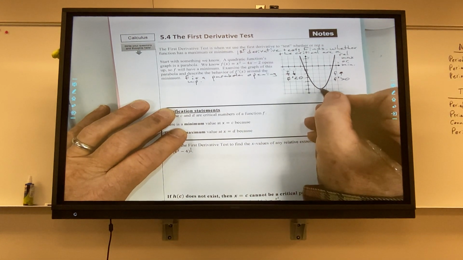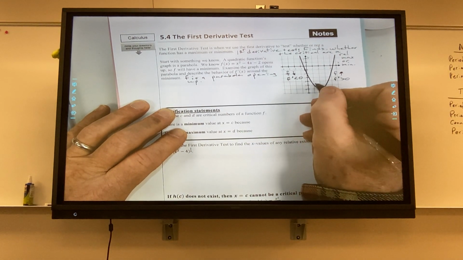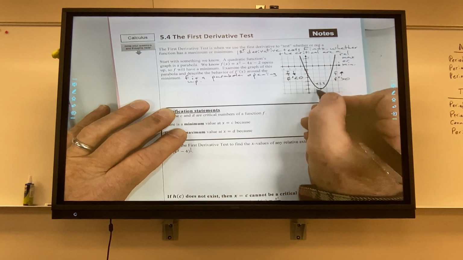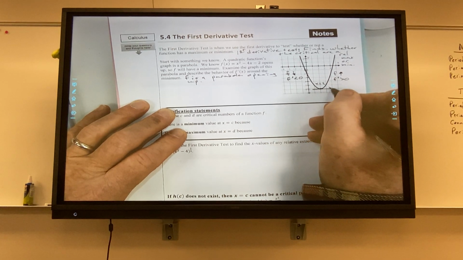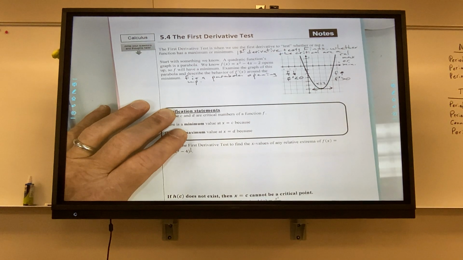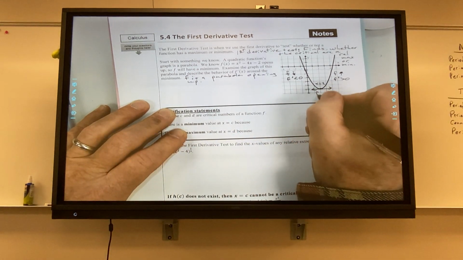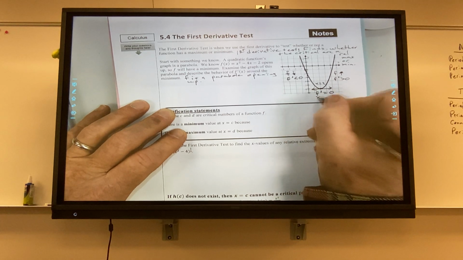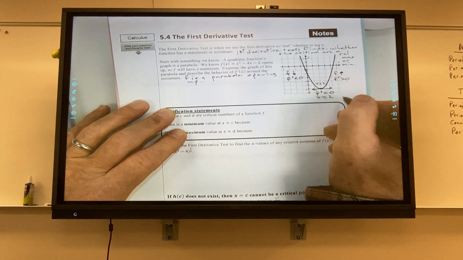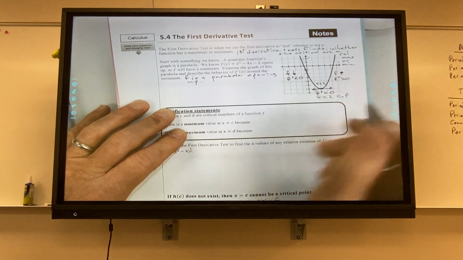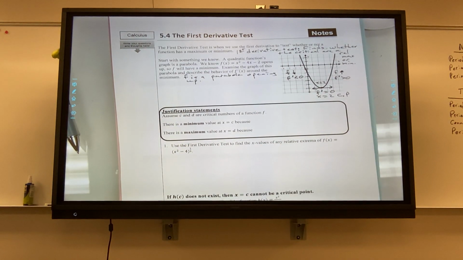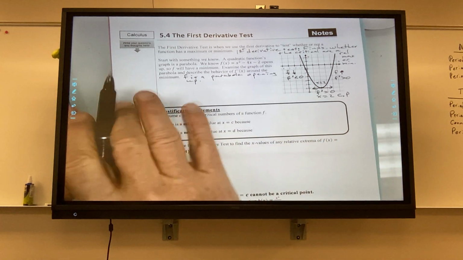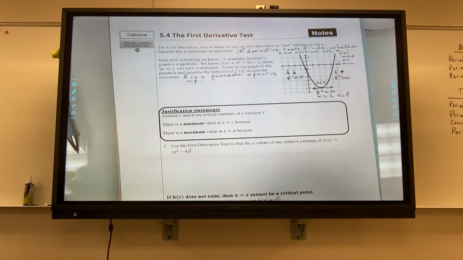And exactly at this spot right here where x equals 2, there is a horizontal tangent line. What does that mean? It means that the derivative is equal to 0. That x equals 2 is a critical point. So, this is what I can see from the graph.